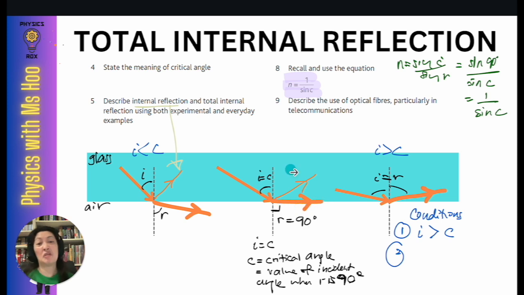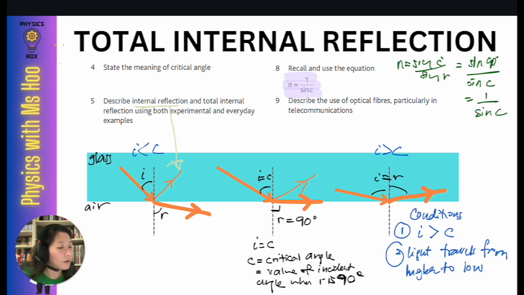There's no jumping back into its own medium like this. So light must travel from higher to lower optical density.